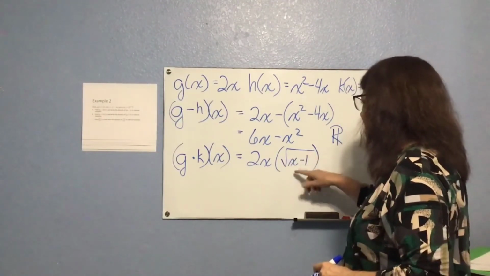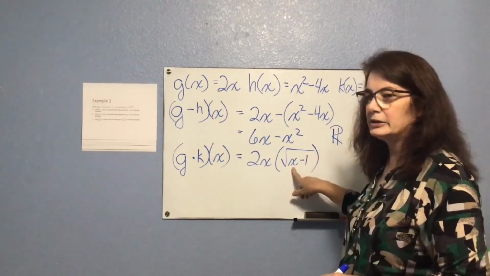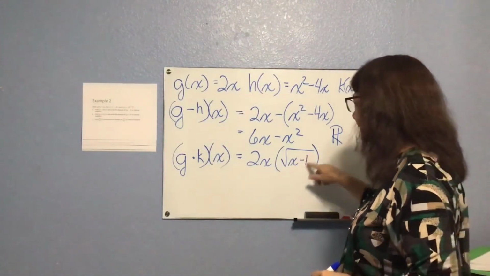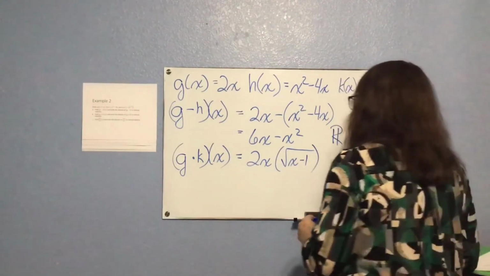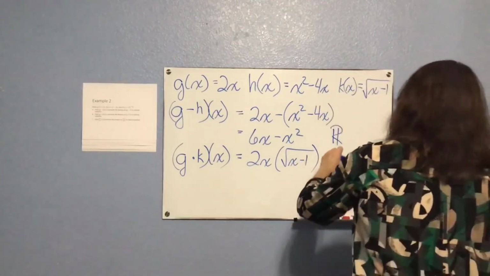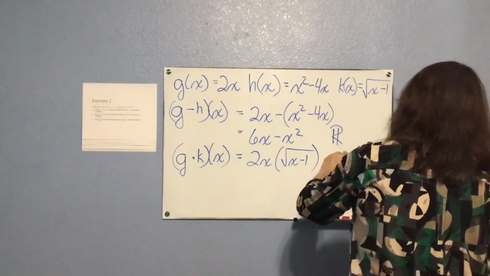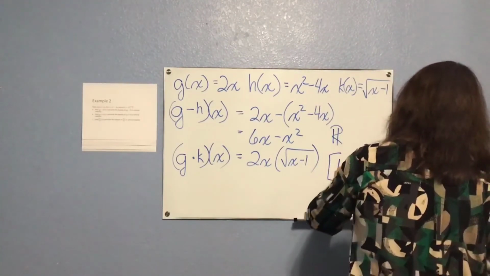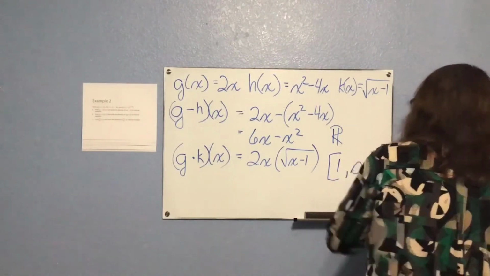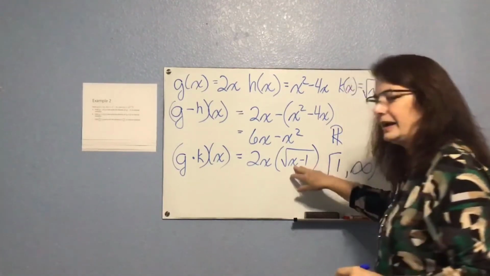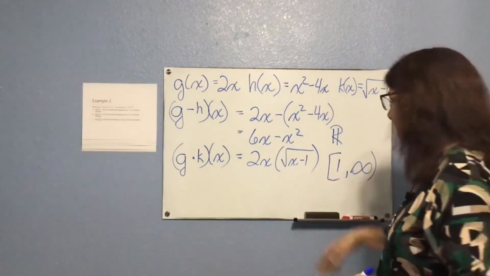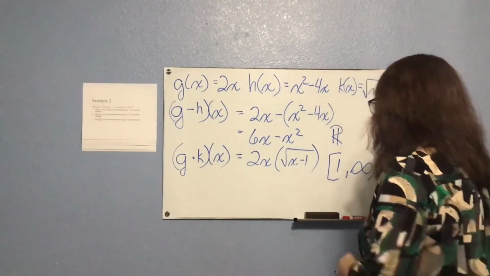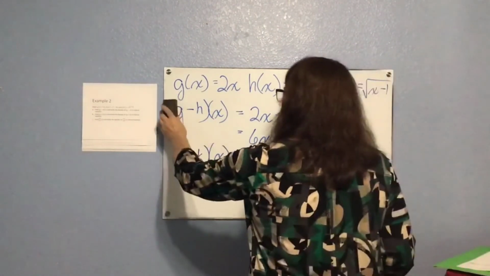Because of the square root, x cannot be smaller than 1 because that would give us a negative number. So my domain for this one would be from 1 to infinity. There are no other restrictions other than that x has to be greater than or equal to 1.